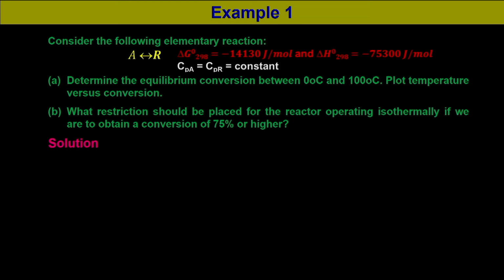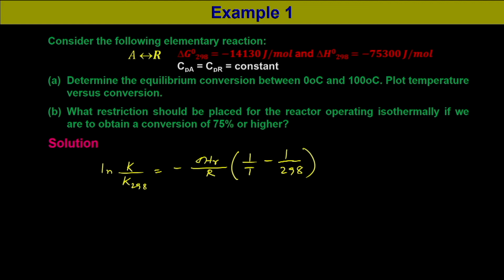Now, since the heat of reaction does not change with temperature, the equilibrium constant at any temperature T, we can write ln K by K 298 would be equal to minus delta H R by R into 1 by T minus 1 by 298.